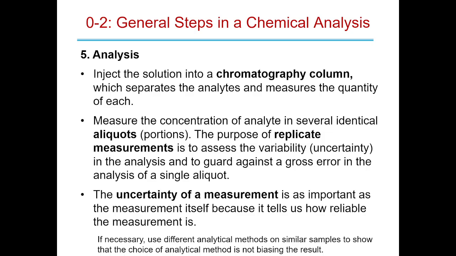So the uncertainty of a measurement is just as important as the measurement itself. This tells us how reliable the measurement is. So if I give you that chocolate has a caffeine content of 1 milligram per milliliter or whatever, right? And I don't give you any uncertainty, did I do my job?